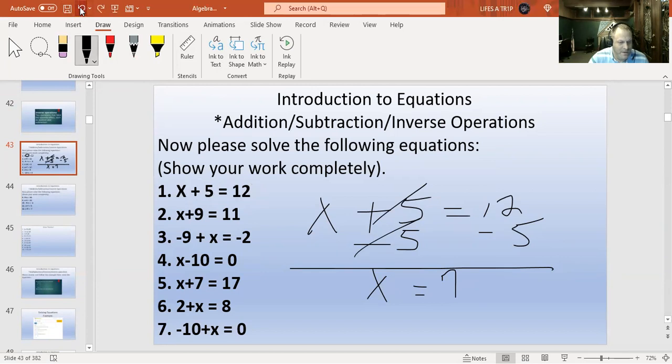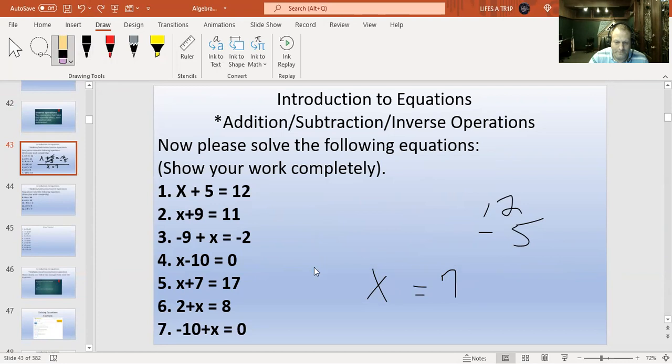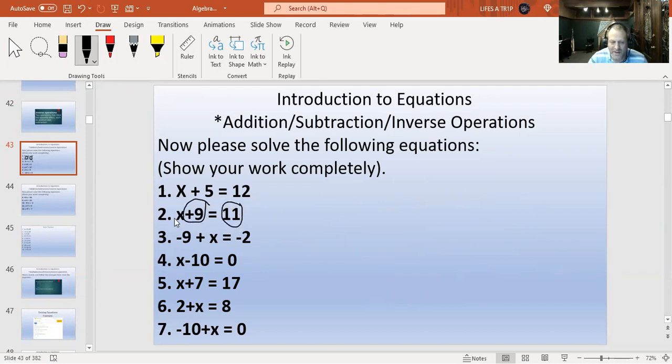So let's do number 2. Basically, you're just taking and moving this 9 over as a minus 9 over here, and that becomes 2. So x equals 2.